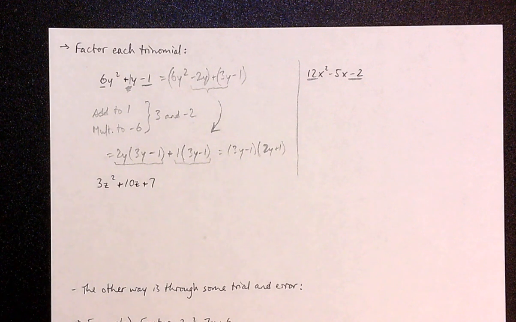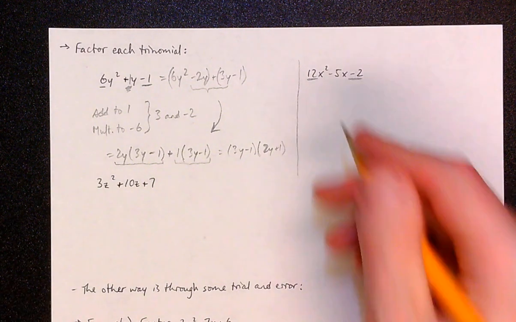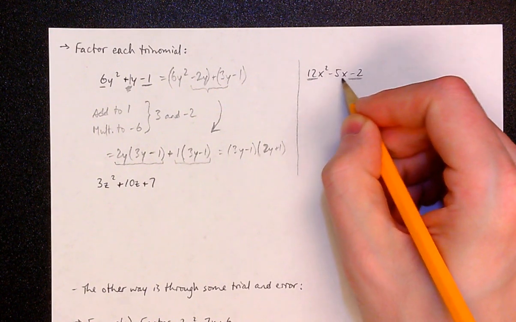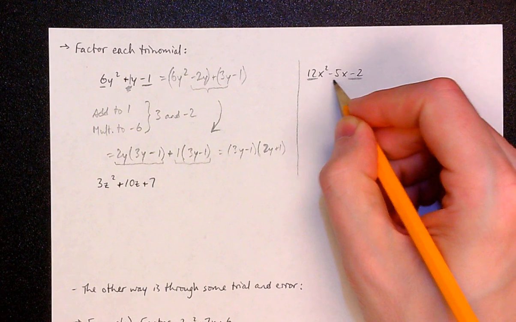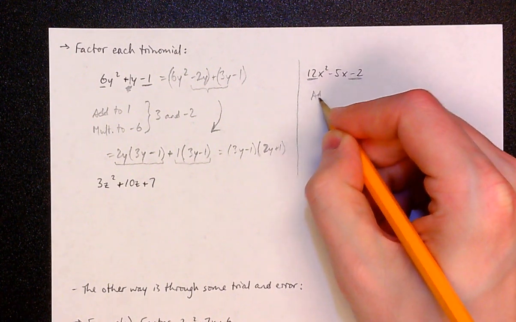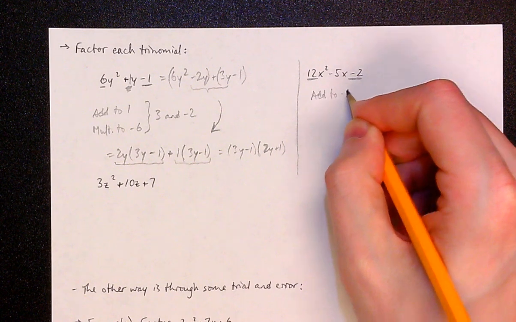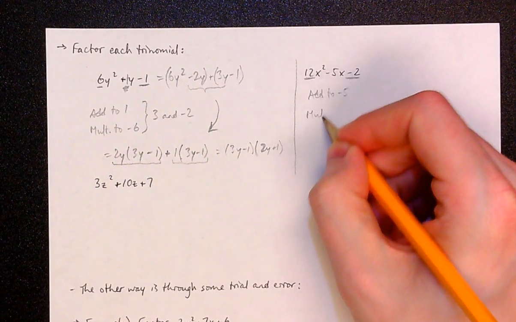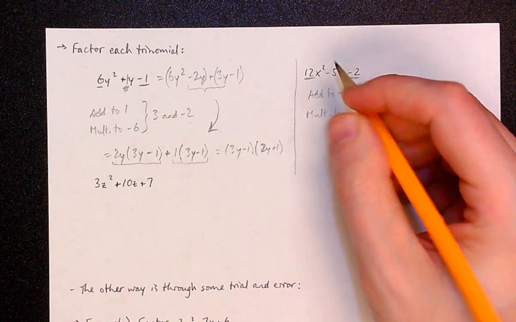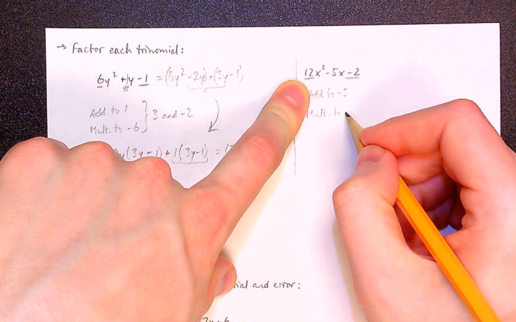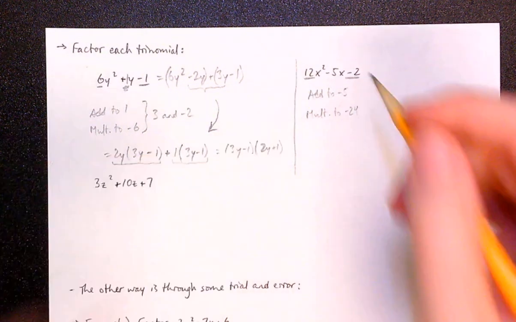I need to come up with numbers that add to the coefficient on the x, the number and sign in front of the x. So I need numbers that add to negative 5 and multiply to the product of these two numbers, negative 2 and 12, or negative 24.